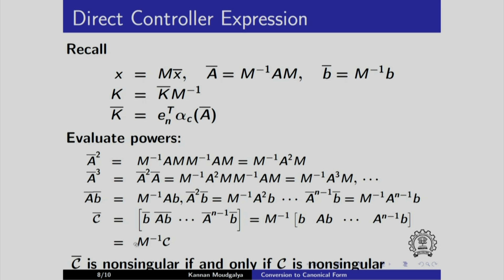So now we see that if and only if this script C is non-singular, we have this script C bar is non-singular because these two are related by this non-singular matrix M. So we will start with this expression in the next slide. We are still trying to get the direct controller expression, which we will complete in the next slide.